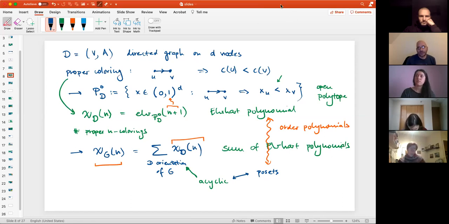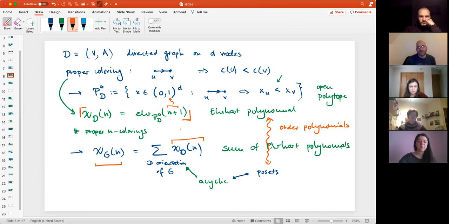So let's just briefly go through this. So what are we doing? Here's the chromatic polynomial of a directed version of a graph, and I wrote this as an Ehrhart polynomial that comes from this polytope, and lo and behold, it's the interior of a polytope.